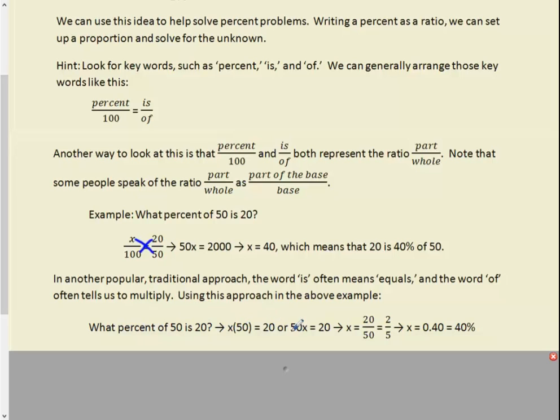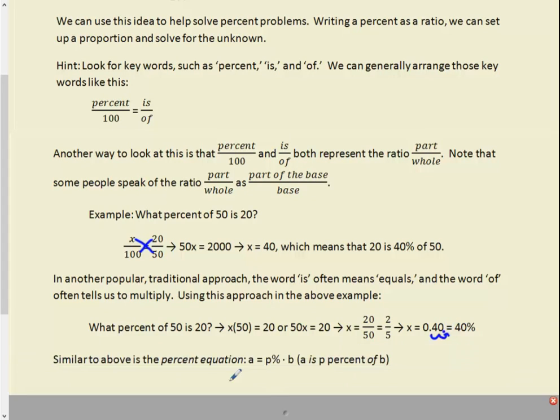So x times 50 we normally would write as 50x equals 20. Divide each side by 50 to get 20 over 50, which you can simplify first to 2 over 5, or just go ahead and divide 20 by 50, and you'll get 0.40. Then to convert that to a percent, remember we need to move the decimal 2 places to the right.